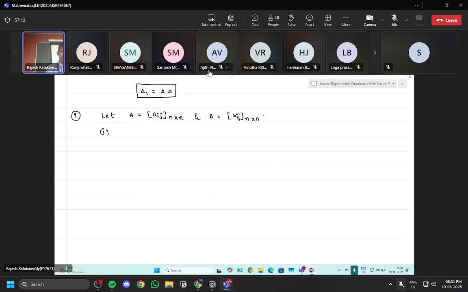If I have square matrices, the determinant of k into A is equal to k power n into the determinant of A, where k is a scalar.